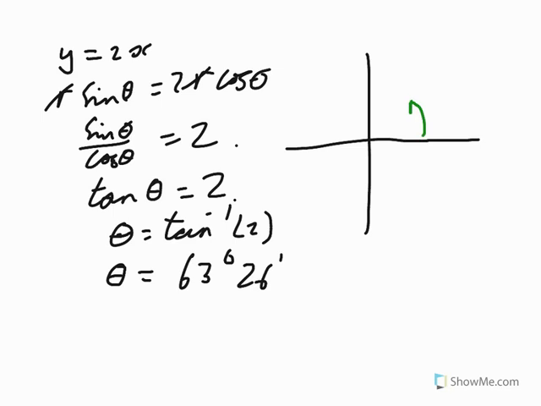So any point where there's an angle of 63 degrees and 26 minutes, and that would be any point on that straight line there. That would make that angle. Alright, like so. Okay.